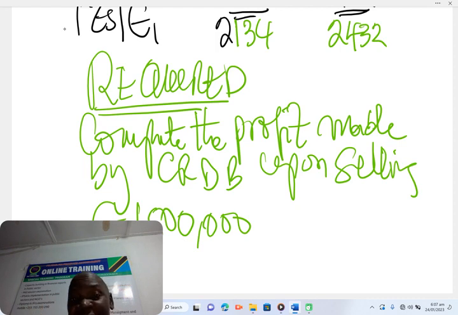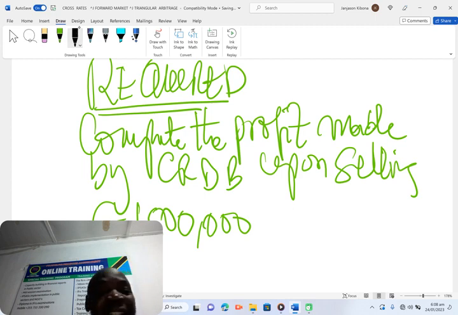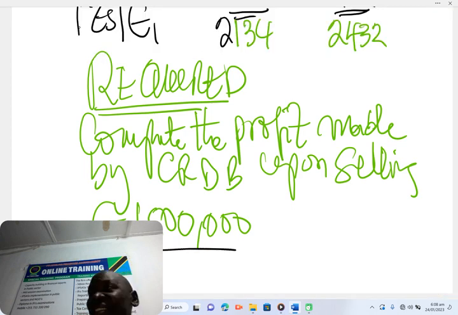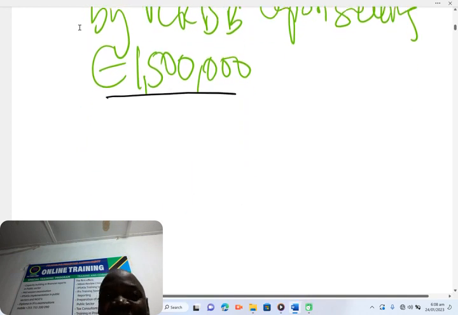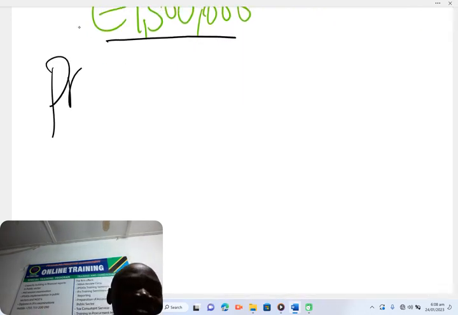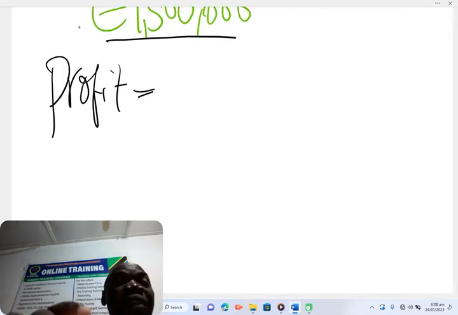Compute the profit made by CRDB upon selling how many euros? Exactly. So you must start with what is the profit that can be realized by CRDB if it sells this euro. That is very important. Do you know the profit? Profit is equal to what?